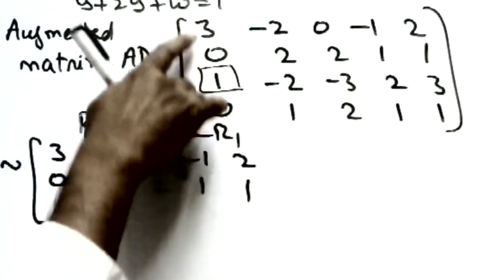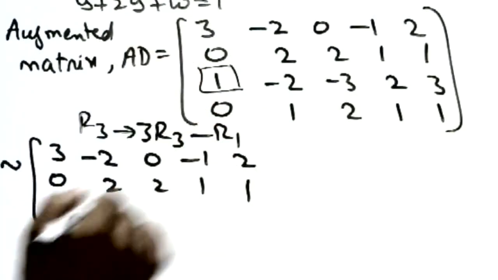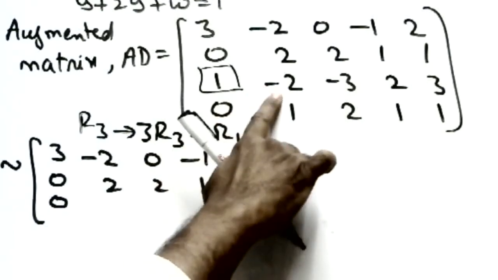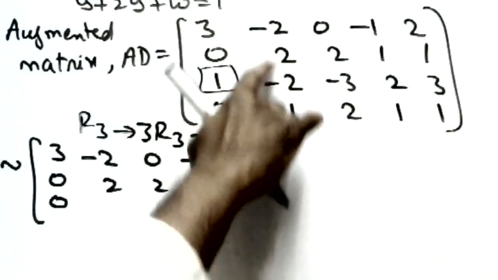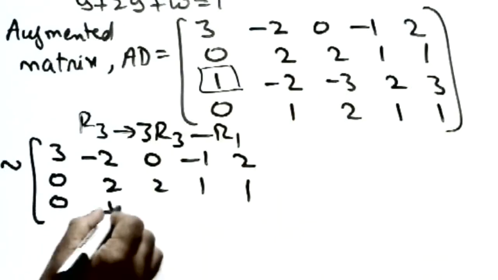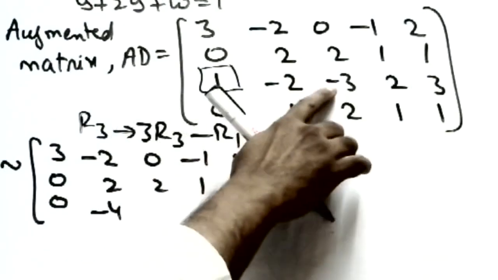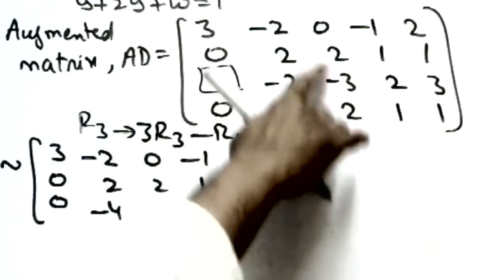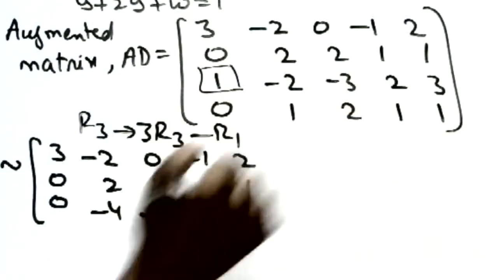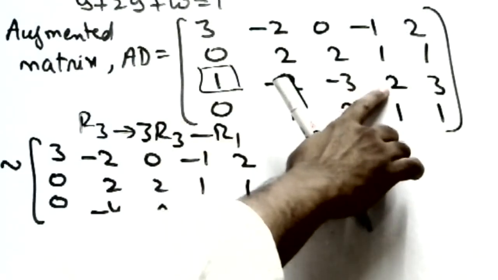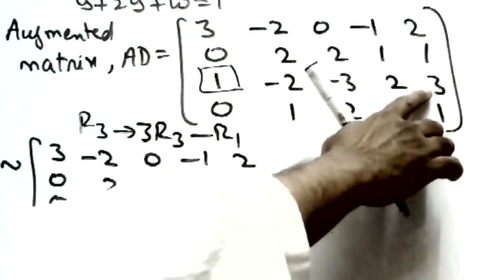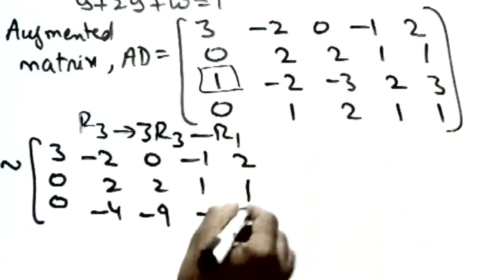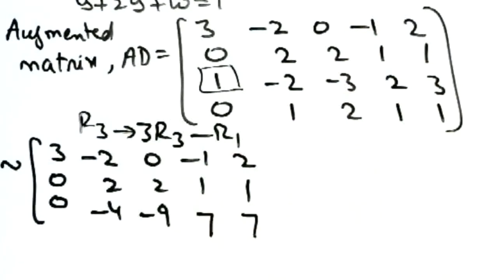Now see here, 3R3 minus R1. 3 ones are 3, 3 minus 3 becomes 0. 3R3: 3 into minus 2 is minus 6, minus 1 is plus 2, so minus 6 plus 2 will be minus 4. And here also 3R3: 3 3s are 9, minus 9 minus 0 will be minus 9. 3R3: 3 2s are 6, minus 1 is plus 1, 6 plus 1 is 7. 3 3s are 9, 9 minus 2 will be 7.